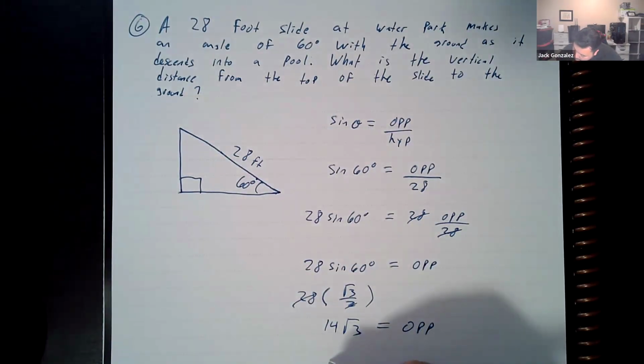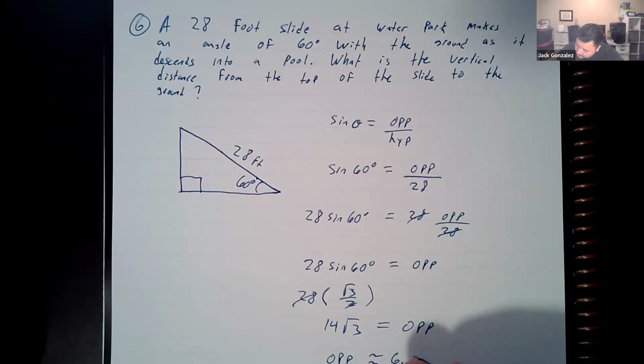We got the opposite side as 6 point, I don't know, we'll round to 2 decimal places.